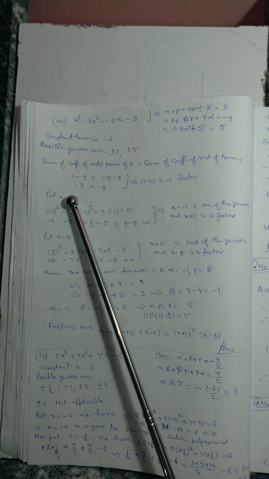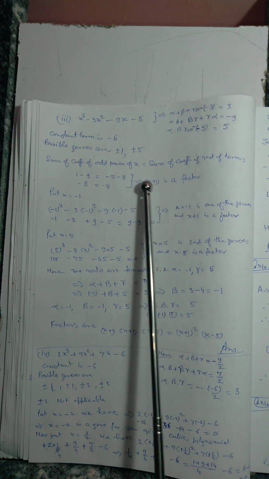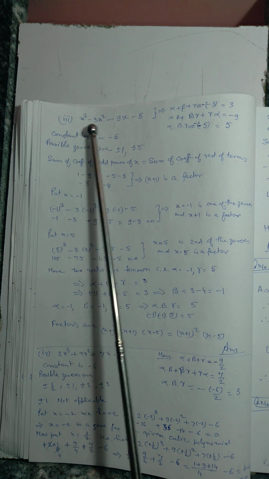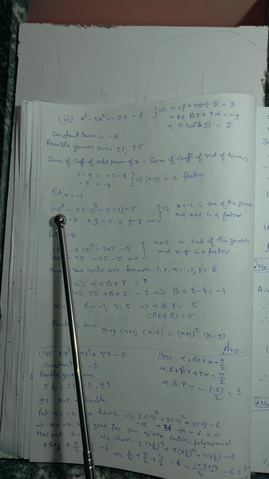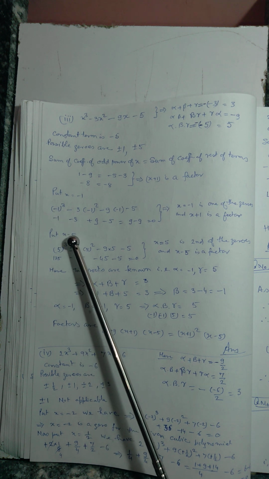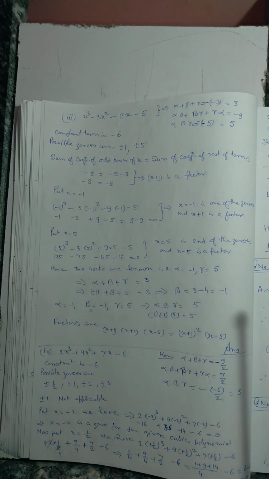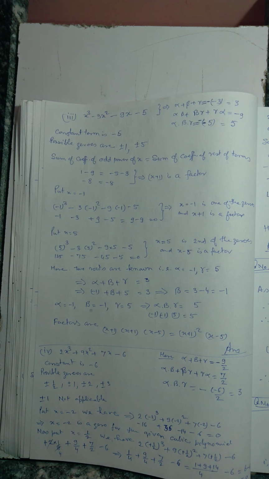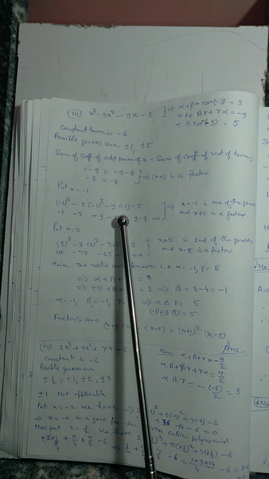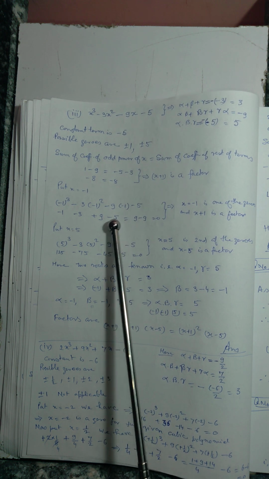Now, once you know that x plus 1 is a factor of this polynomial, you put x is equal to minus 1 in the given polynomial and justify your answer. So, here minus 1 raised to power 3 minus 3 into minus 1 whole square minus 9 into minus 1 minus 5.